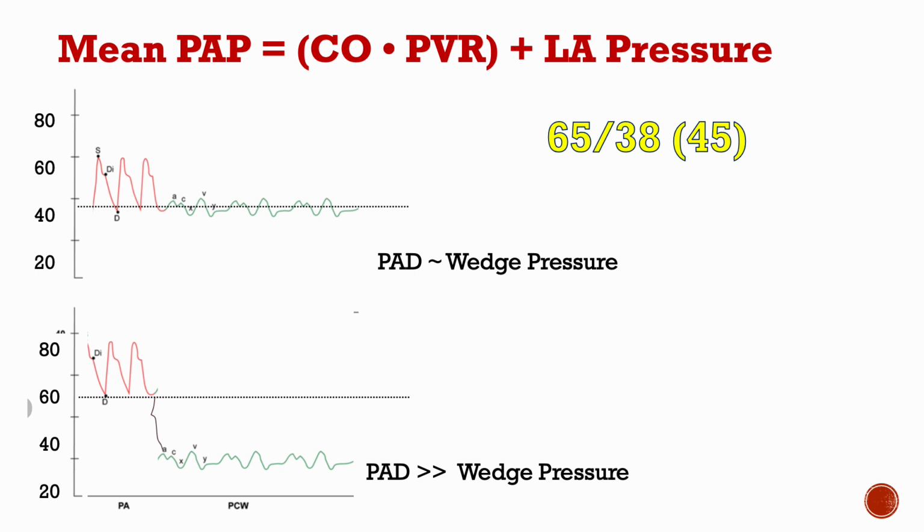So here are two patients with pulmonary hypertension, let's say identical twins. One's 65/38, the other is the same thing. This one has a very high wedge pressure driving the pulmonary pressure. And here, the wedge pressure is not doing anything; it's all because of pulmonary vascular resistance. So this would be, say, your group 1 or group 3 pulmonary hypertension patient, your cor pulmonale or your primary pulmonary hypertensive that has high pulmonary vascular resistance.